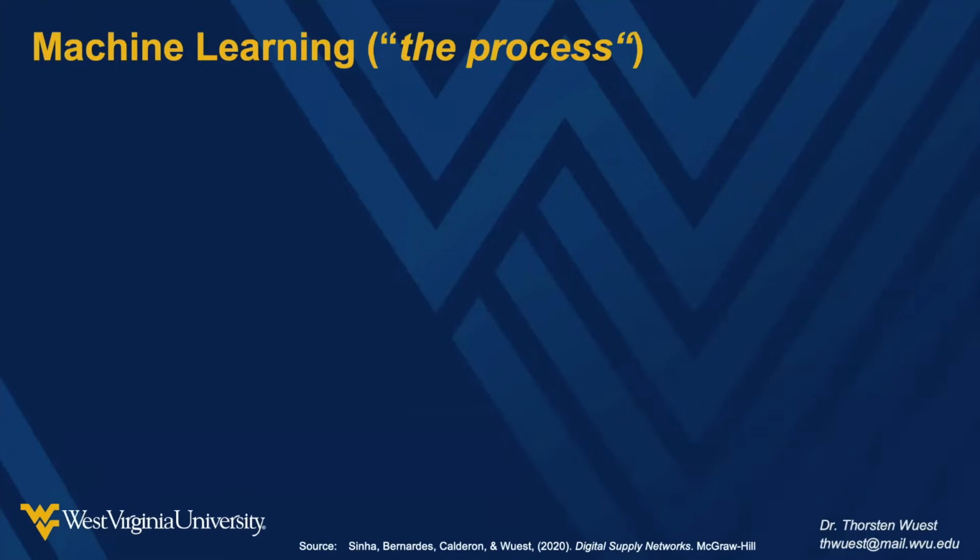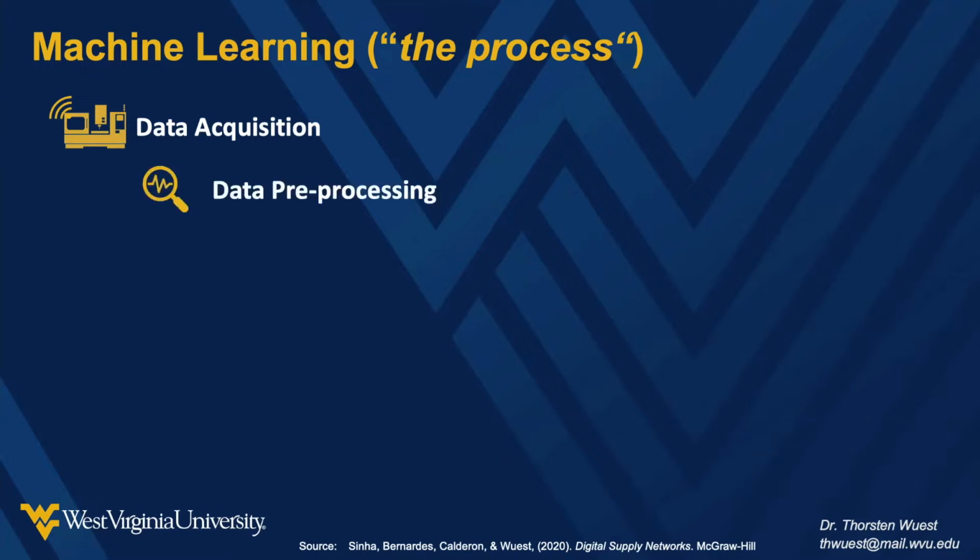When we talk about data analytics and machine learning, I think it's very important to put the process into context, and it all starts with data. We have to acquire data, and in manufacturing, a lot of the data is acquired from our machine tools, our shop floor processes, sensors, and other systems like MES or scheduling software.